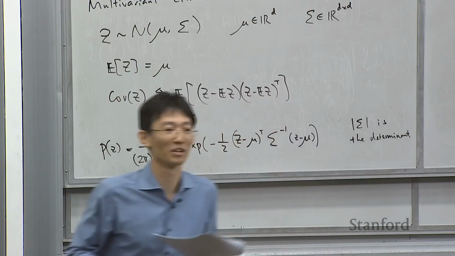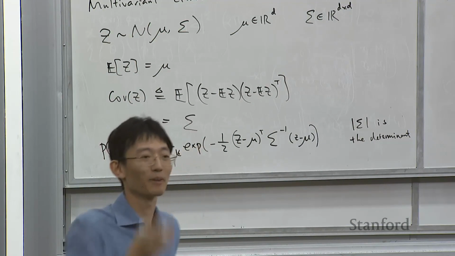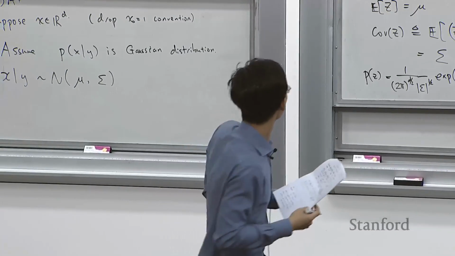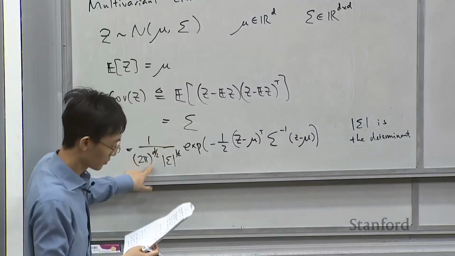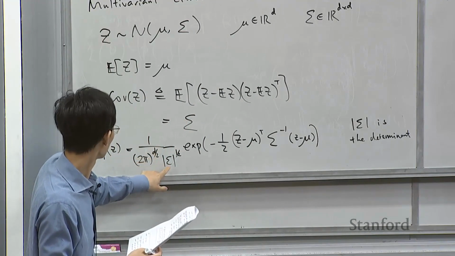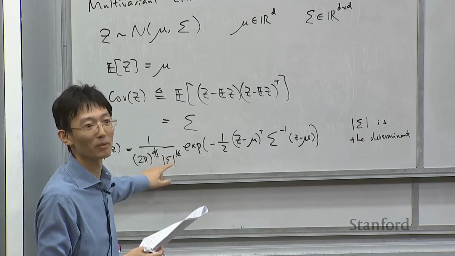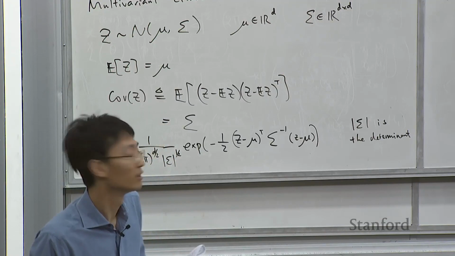Okay, great. I see some questions. Maybe I'll start with the first one: what does the denominator say? The denominator is 2 pi to the power of d over 2, times the determinant of sigma to the power of one half. I'll write even bigger. And then, what is the little triangle over the equal sign?